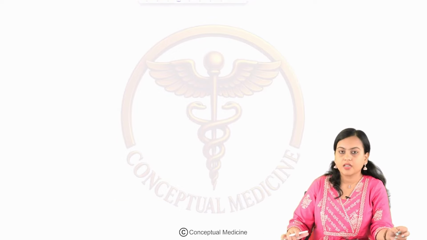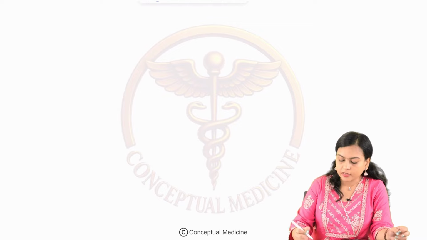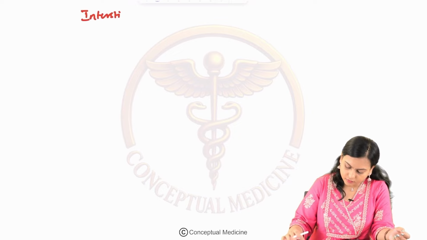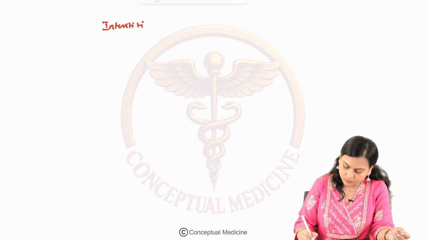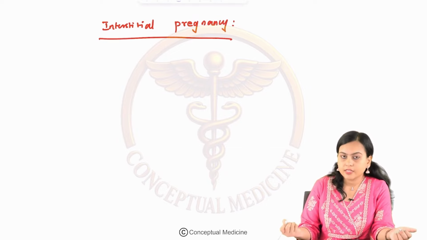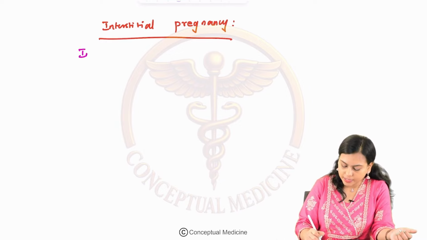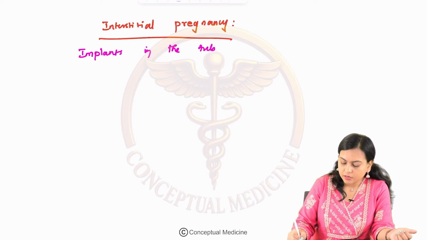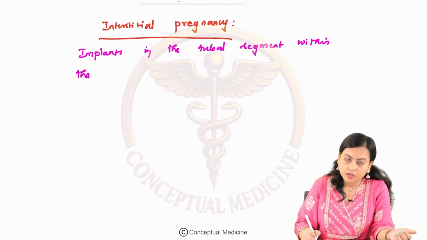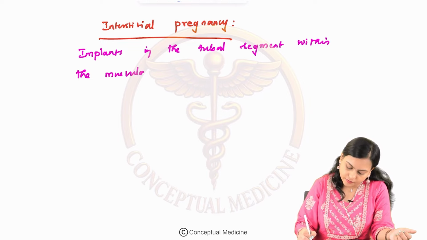Clear? In this, I want to specifically talk about the interstitial pregnancy. So what is an interstitial tubal ectopic? It implants in the tubal segment that lies within the muscular wall.